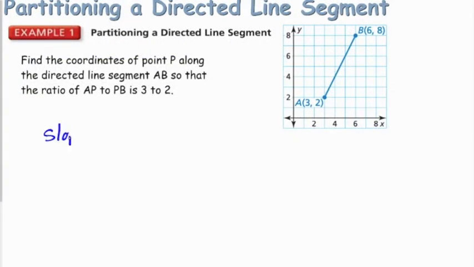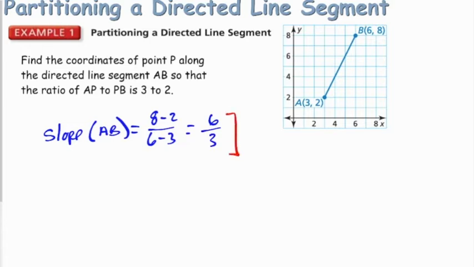So the slope of segment AB is the difference of the y's. So we're going to do 8 minus 2 over the difference of the x's, 6 minus 3. And this gives us 6/3. Now, when we're partitioning, we do not simplify the slope. We leave it exactly as is.